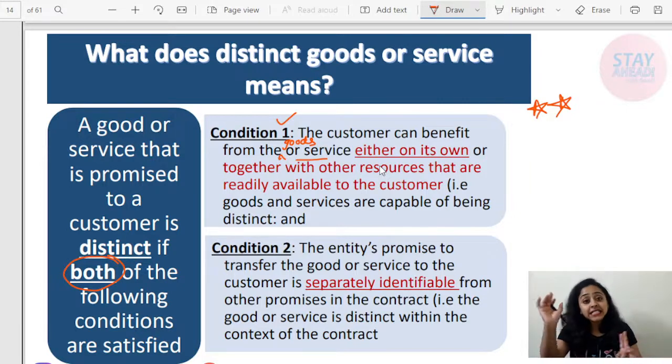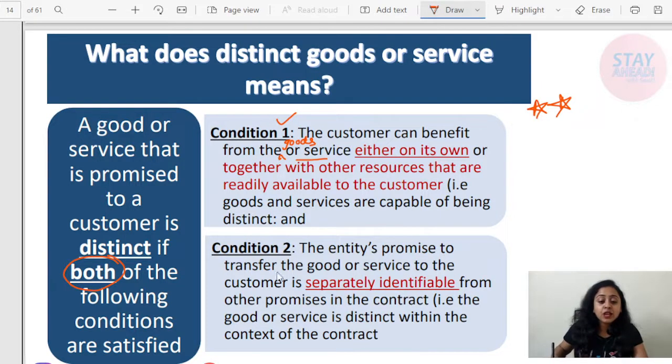The second condition: the entity's promise to transfer the goods and services to the customer is separately identifiable from other promises in the contract. That is, the goods or services are distinct in the context of that particular contract. If they are separately identifiable, they are distinct in the context of that contract.